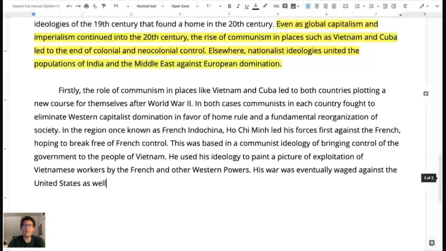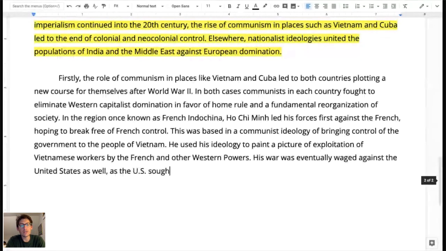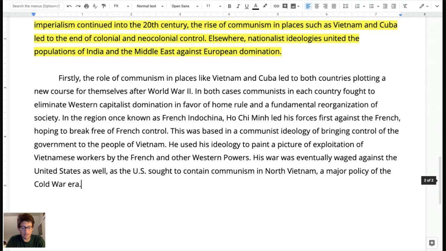His war was eventually waged against the United States as well, as the U.S. sought to contain communism in North Vietnam, a major policy of the Cold War era for the U.S. So similarly, the U.S. attempted to support a friendly government.